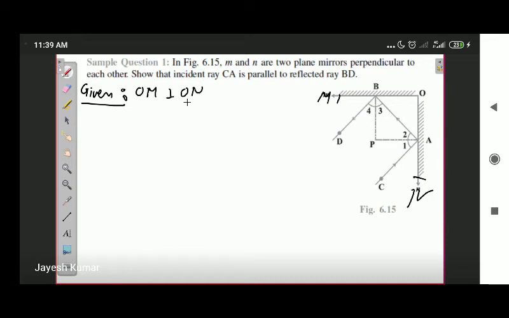Okay. So first of all, what is given to us is that both the mirrors are perpendicular to each other, and once again, like we had in that question, CA is the incident ray and BD is the final reflected ray.